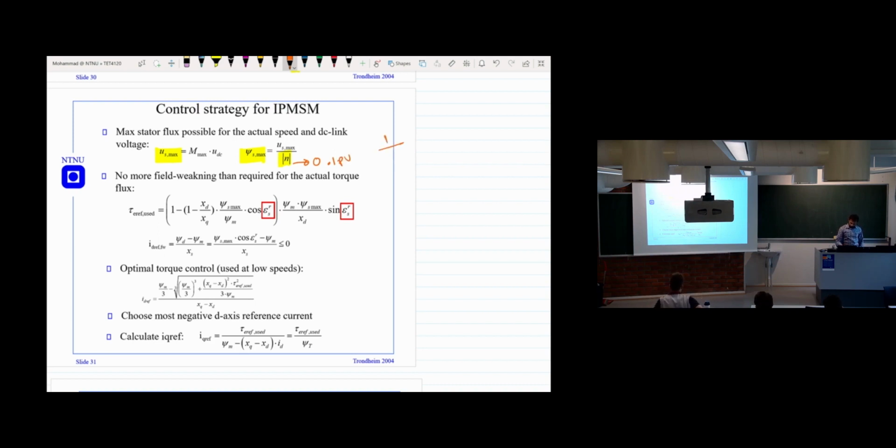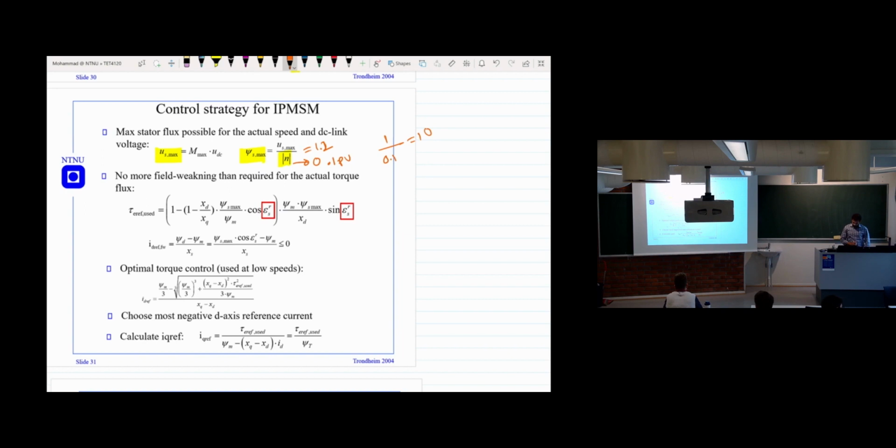If you have 1 per unit voltage and the speed is 0.1 per unit, then it gives 10 per unit of stator flux linkage, which is very, very high. We usually don't ask for that much stator flux. Maybe 1 or 1.2 per unit max, not more than that.